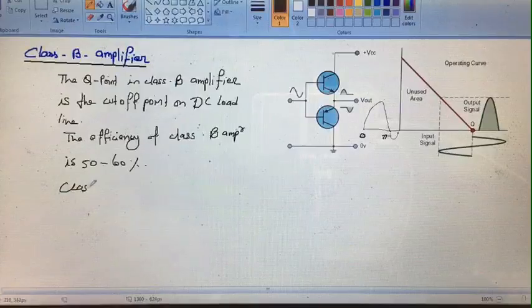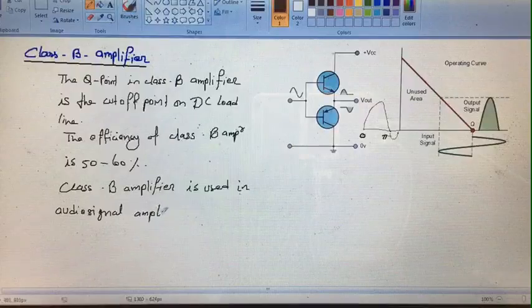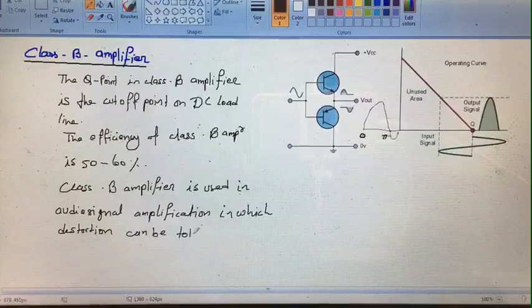And the class B amplifier is used in audio signal amplification, in which distortion can be tolerated.